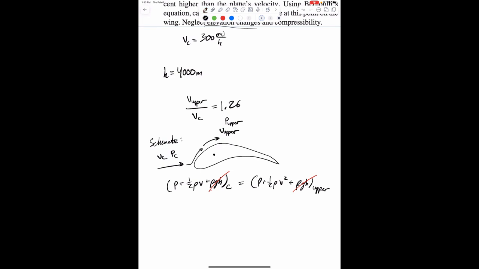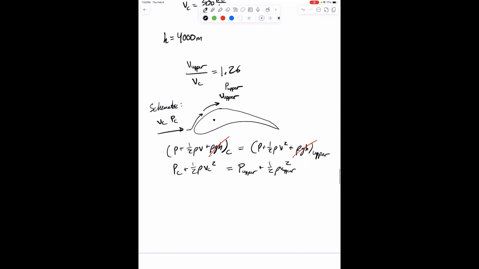So we're left with PC plus 1/2 rho VC squared is equal to P upper plus 1/2 rho V upper squared. P upper is then equal to PC plus 1/2 rho VC squared minus 1/2 rho V upper squared.